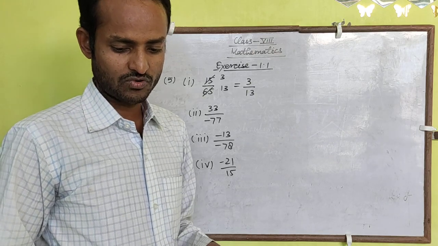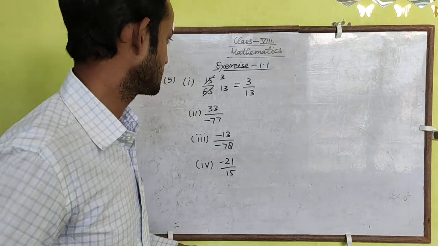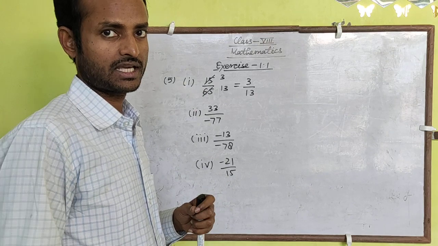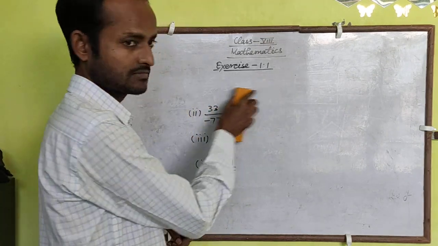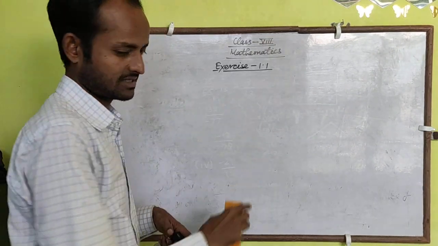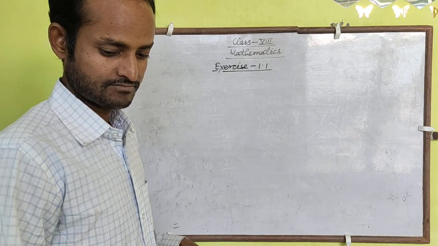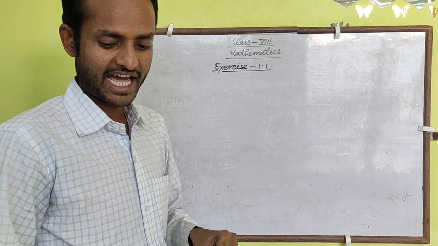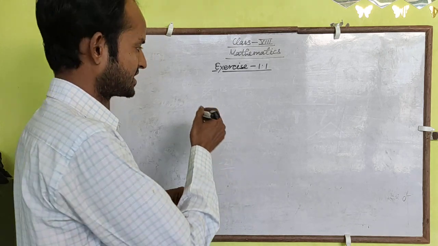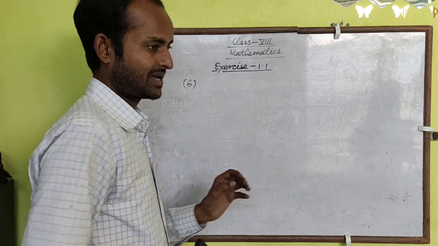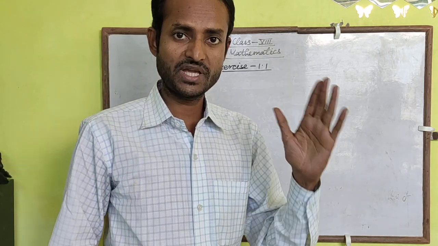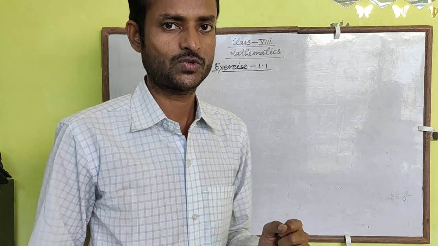Now we have to go to question number 6. Question number 6 is: write down the absolute value of the following rational numbers. What is the meaning of absolute value, students?